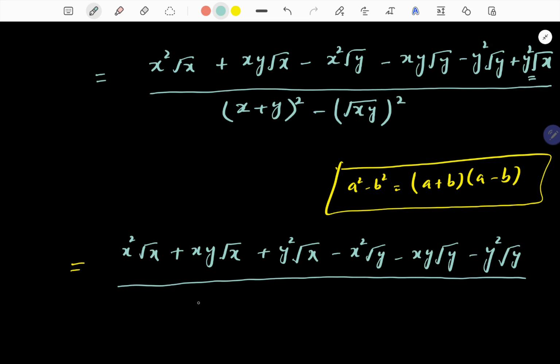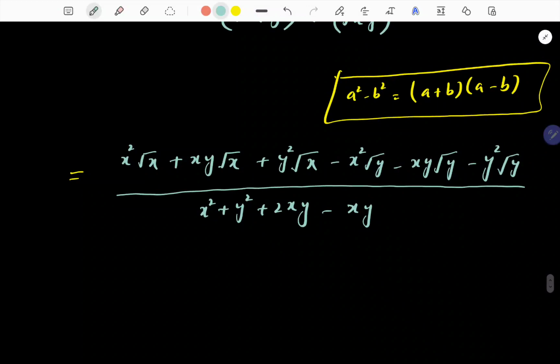taking square of x plus y, we will get x square plus y square plus 2xy, and minus this square will be cancelled out with the square root, and we will get xy.